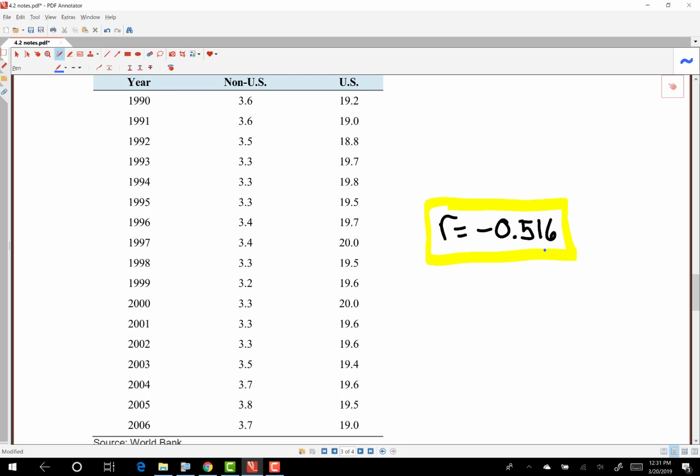And so what we would do once we input this is we would go ahead and calculate a and b. Now I'm going to let you go ahead and do that yourself because there are no new keystrokes here. You're just going to clear out your list 1 and your list 2, input these values, and do stat, calc, number 8.